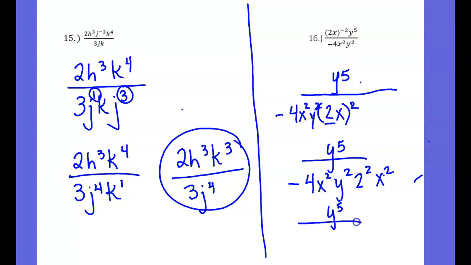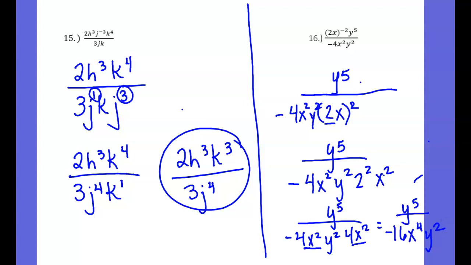So y to the fifth divided by negative 4x squared y squared 4x squared. Whew. Okay, now we're going to take the negative 4 times 4, y to the fifth still up top. We get negative 16. x squared times x squared is x to the fourth, and then y squared.